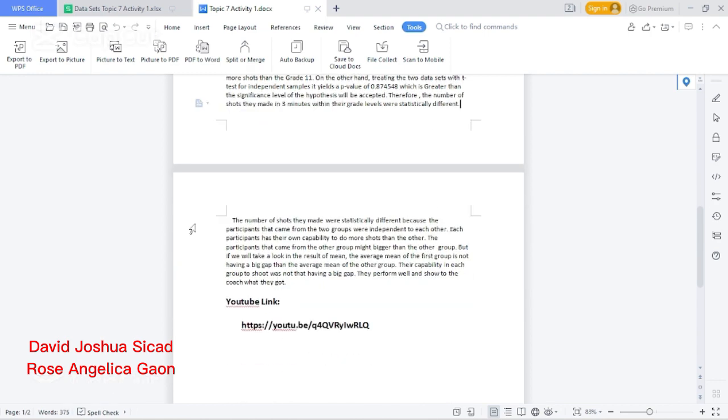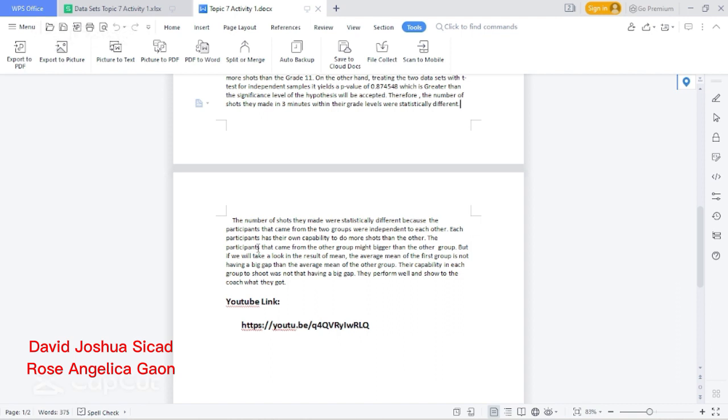The implication: the participants that came from the two groups were independent of each other. Each participant has their own capability to make more shots than the others. The participants from one group might be bigger than the other group.